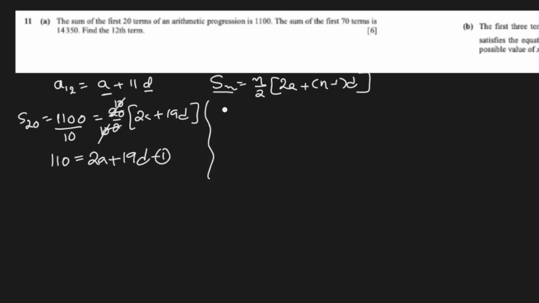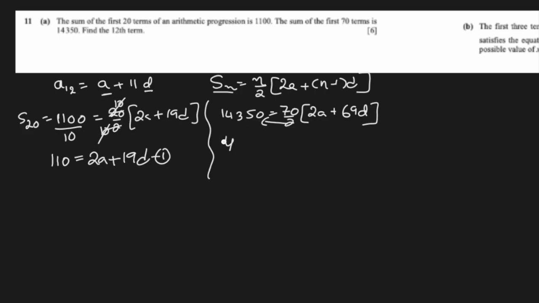Let's find the second one. First 70 terms is 14350, which is 70 divided by 2, 2A plus 70 minus 1, 69D. Alright, so let's multiply. This time let's do cross multiply, okay?